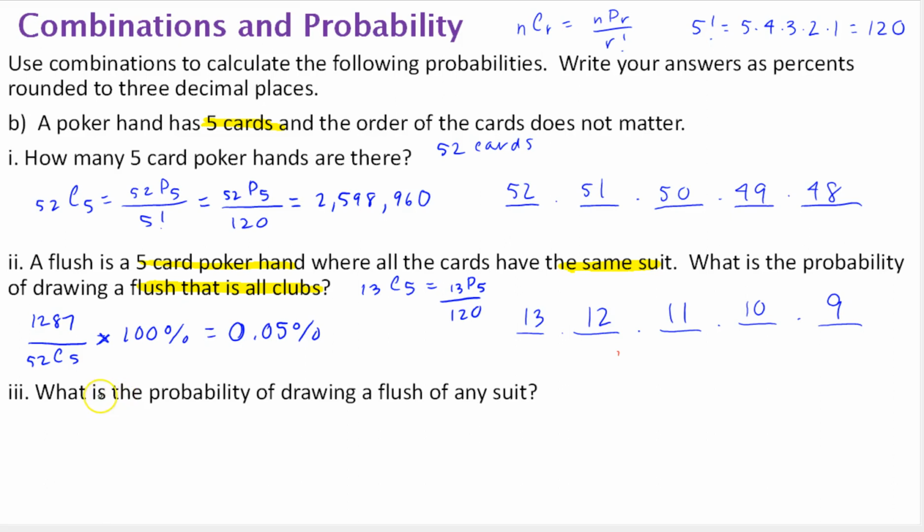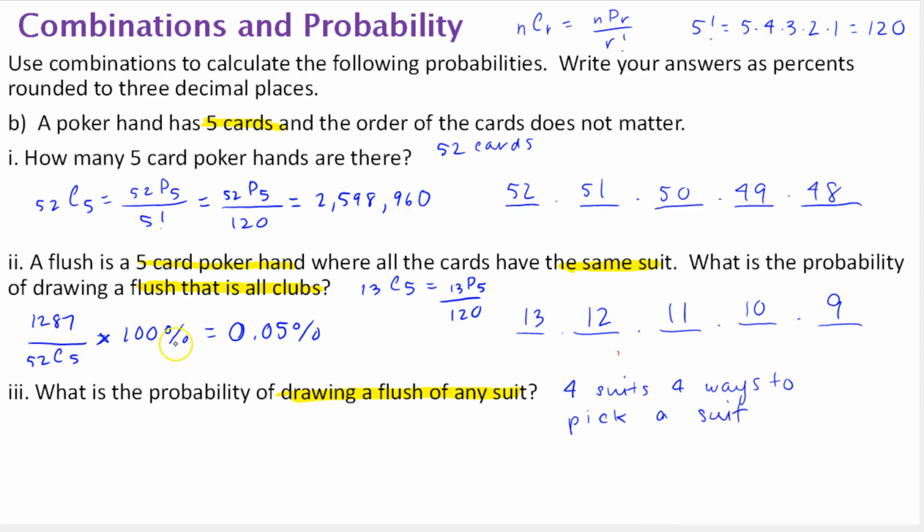The next question asks, what is the probability of drawing a flush of any suit? Okay, so here we specifically found a flush that was all clubs. Now we're looking at drawing a flush of any suit. Well, notice that we can use a lot of our last work because for a flush of any suit, there's 4 different suits, and there's 4 ways to pick a suit.